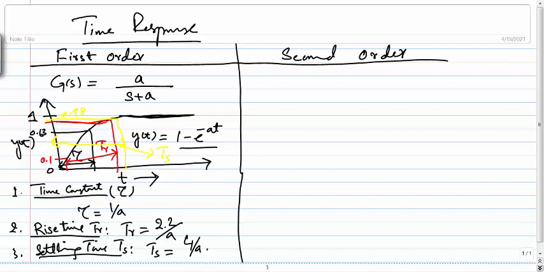Now we move to the next one, which is known as second order system. Second order system has two poles, and we can write a generalized formulation for second order system, that is, G of s is equal to omega n square divided by s square plus 2 zeta omega n s plus omega n square.